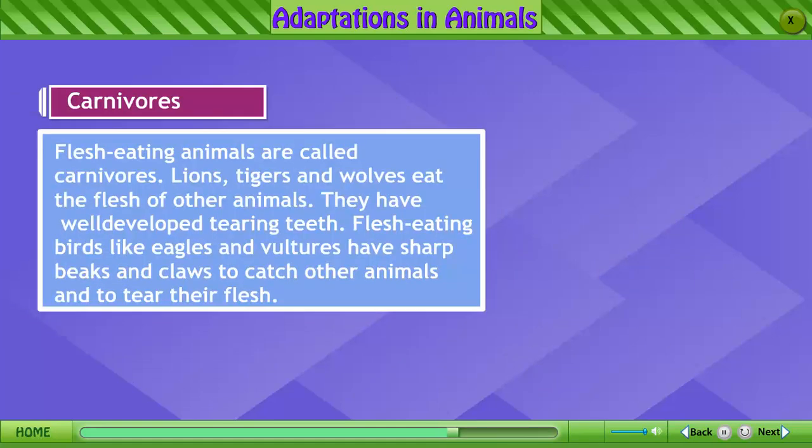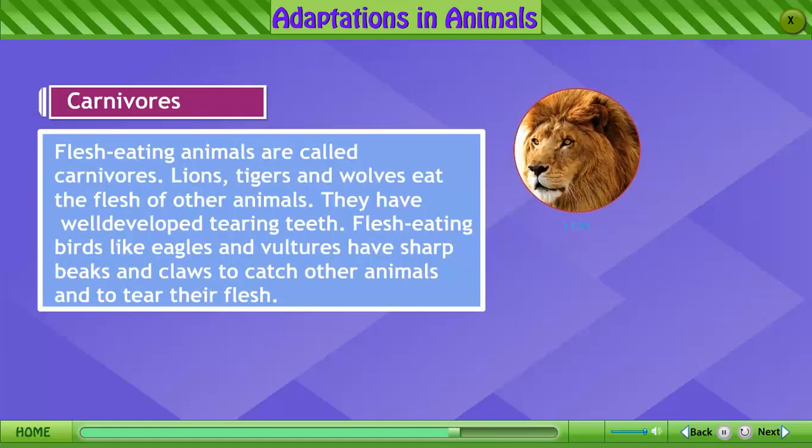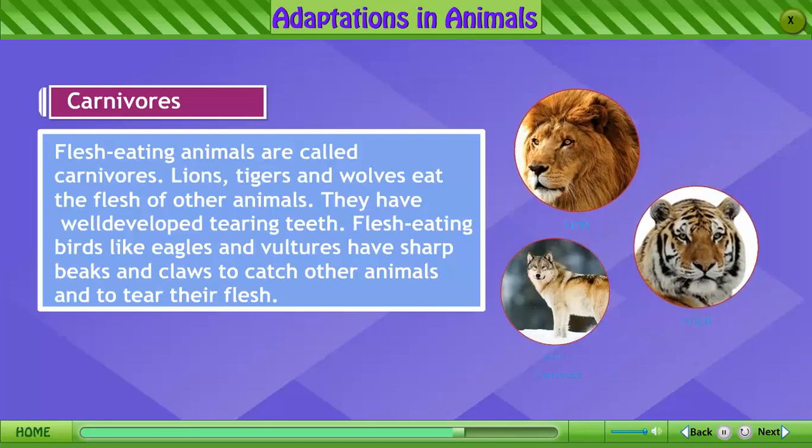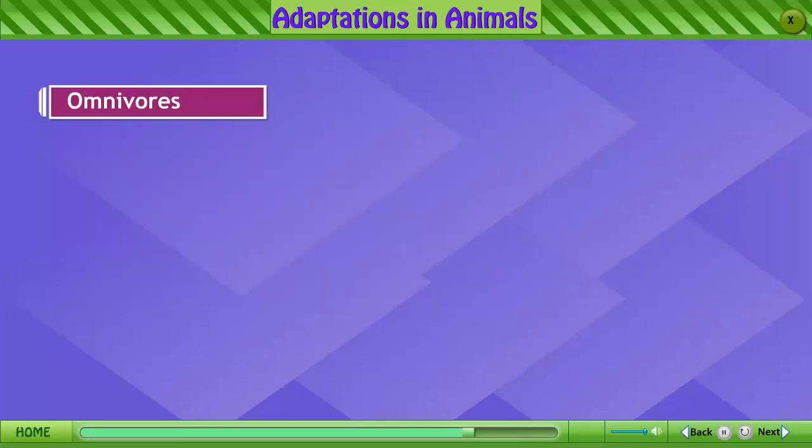Carnivorous. Flesh-eating animals are called carnivorous. Lions, tigers, and wolves eat the flesh of other animals. They have well-developed tearing teeth. Flesh-eating birds like eagles and vultures have sharp beaks and claws to catch other animals and to tear their flesh.